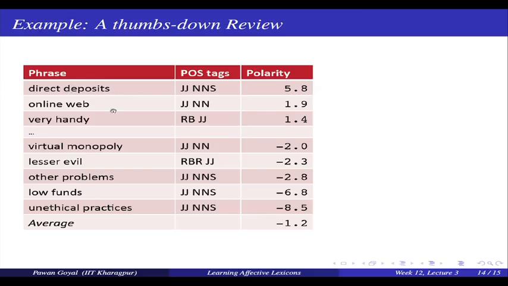Again, there were phrases like direct deposits, online web, very handy with positive polarity, but there were many with negative polarity like virtual monopoly, less arrival, other problems, low funds, unethical practices, and you can see they got very negative scores by their method, and that was very nice. So that was a very interesting approach. By that they were able to obtain such phrases and also tag them with their polarity values.